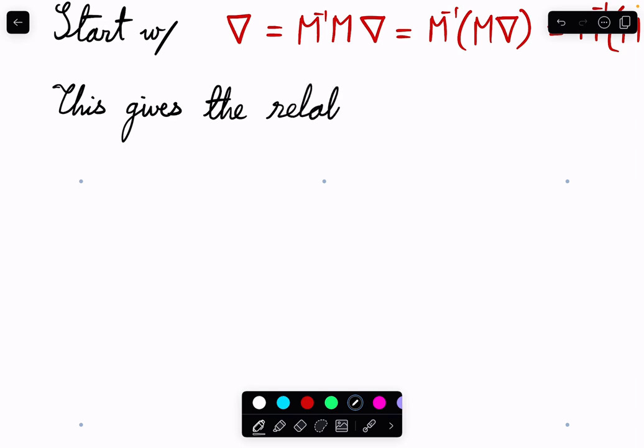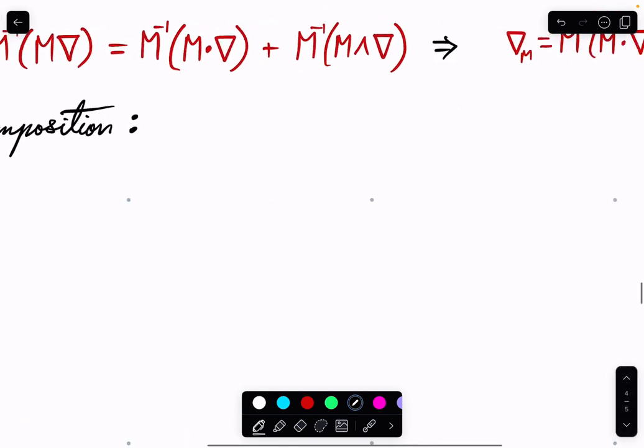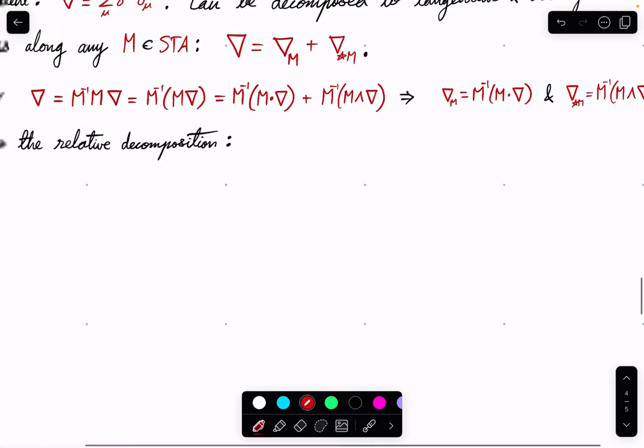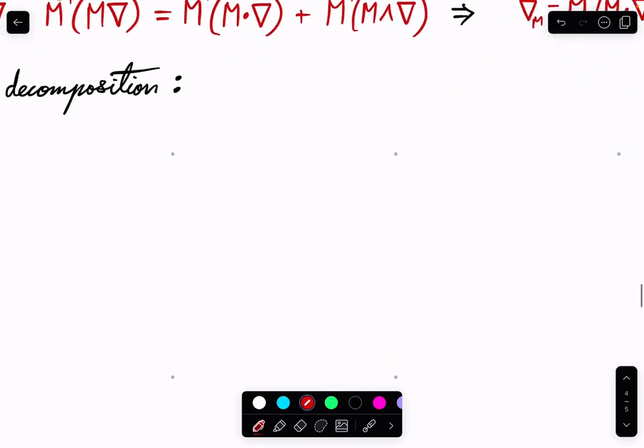And the relative decomposition is going to look like this. You can have del equal to gamma naught squared times del, because gamma naught squares to 1.